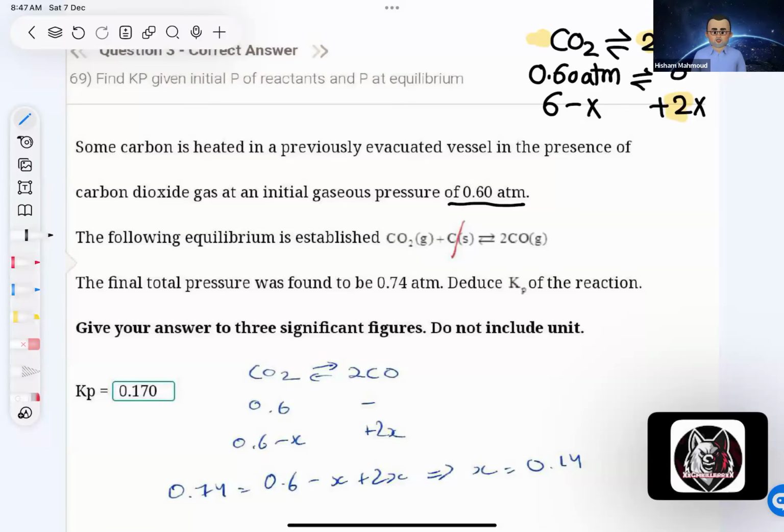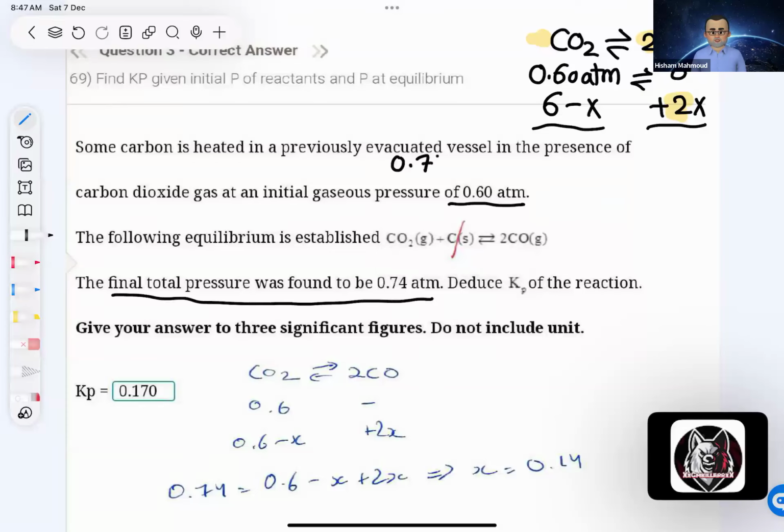Now, what are the total products? The total is the gases, carbon monoxide and carbon dioxide. The total of them is equal to 0.74. So this one, in addition to this one, is equal to 0.74. So what is the equation here, Miriam? It's saying that the total pressure is 0.74.